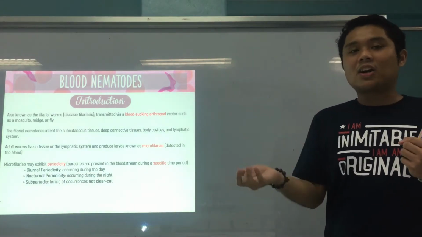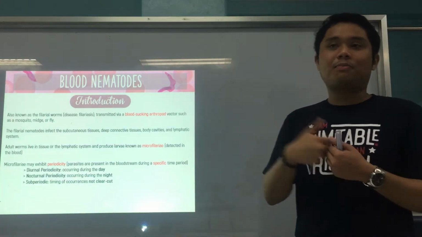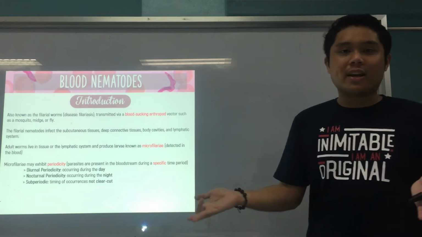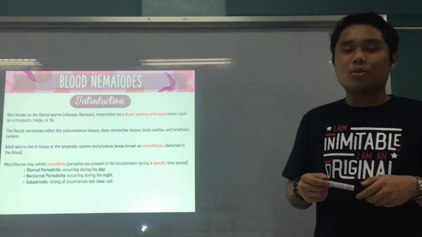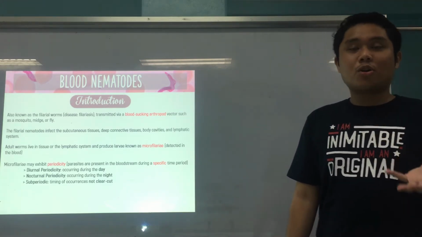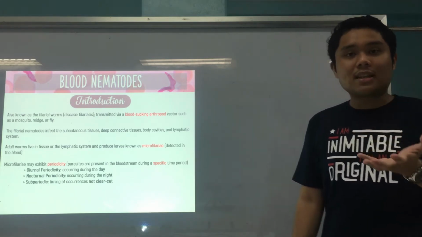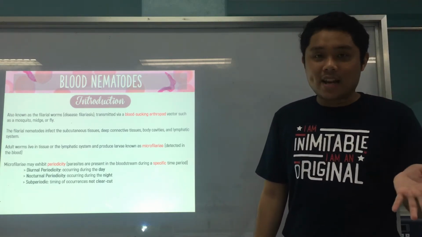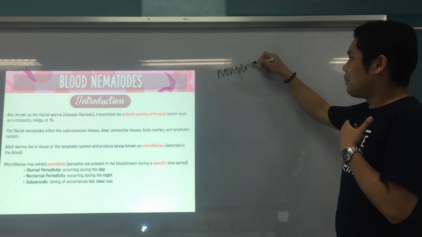This parasite exhibits diurnal periodicity, or nocturnal periodicity, or it's subperiodic. Some filarial nematodes don't exhibit any periodicity, so they are non-periodic, meaning they can be found in the blood at any time of the day. That's non-periodic, meaning there is no periodicity.